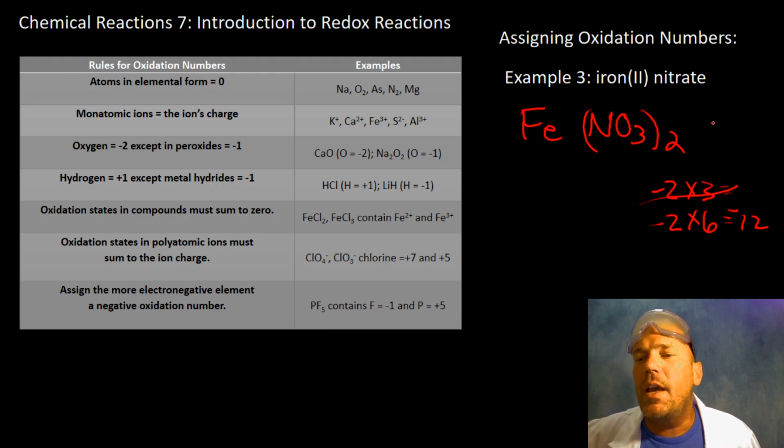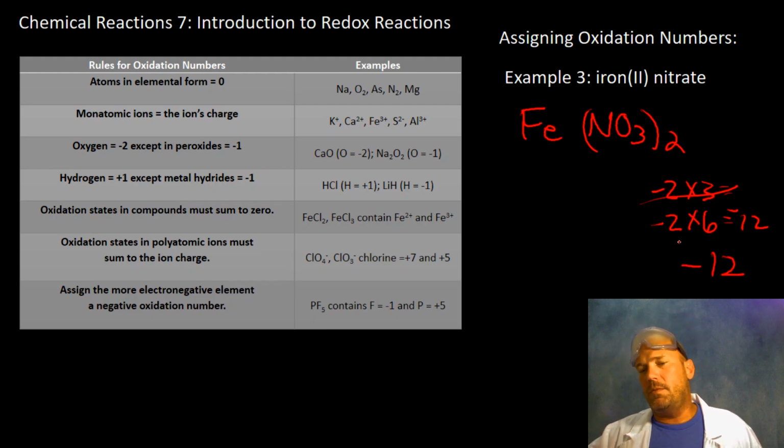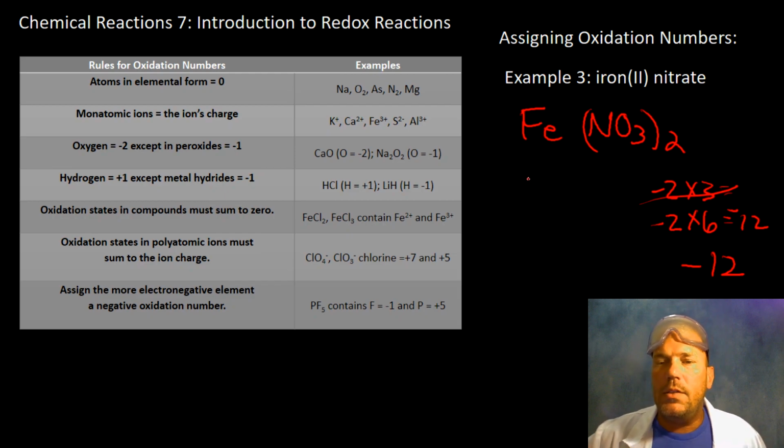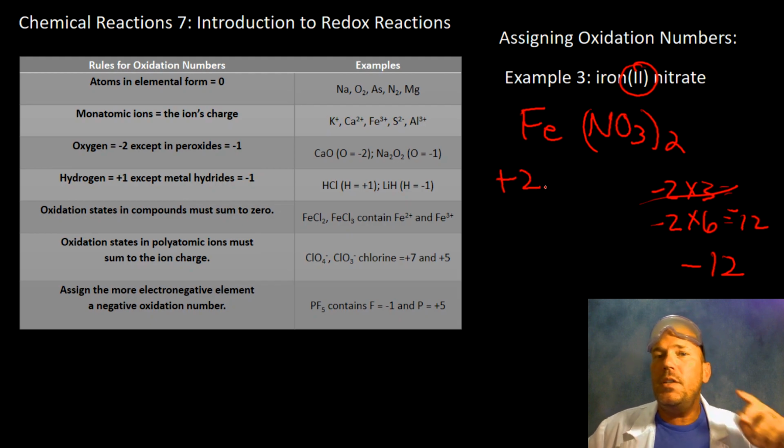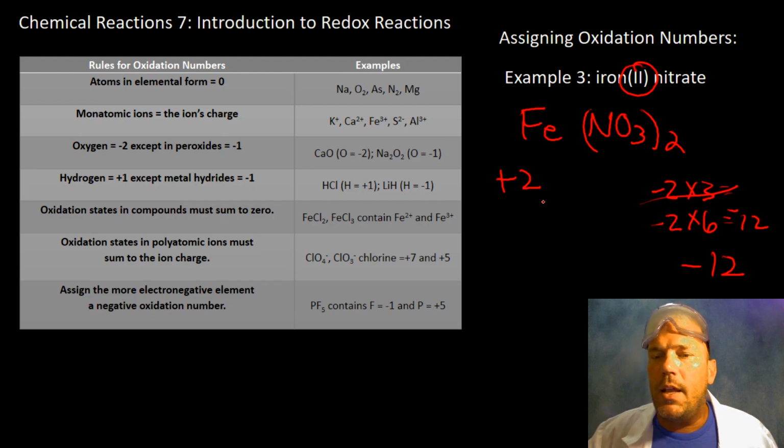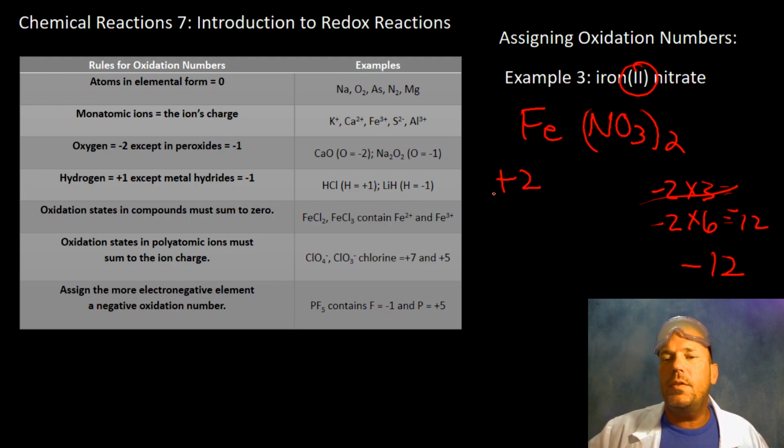But then we have -6 times 2 because there's 2 nitrates, and so that's where this comes from. All right, now let's come back over here and look at iron. Well, we know this. We've learned this, so use it to your advantage. Iron has a +2 oxidation number. And now all we need to do is figure out how we can get this to equal 0.